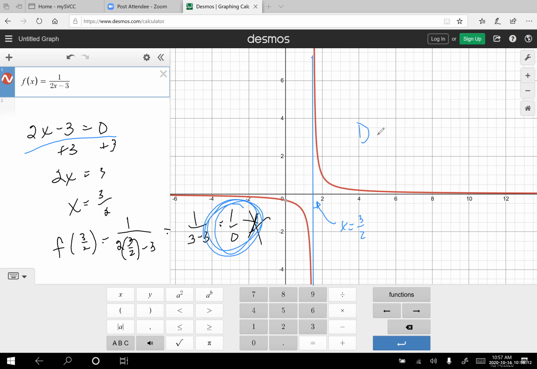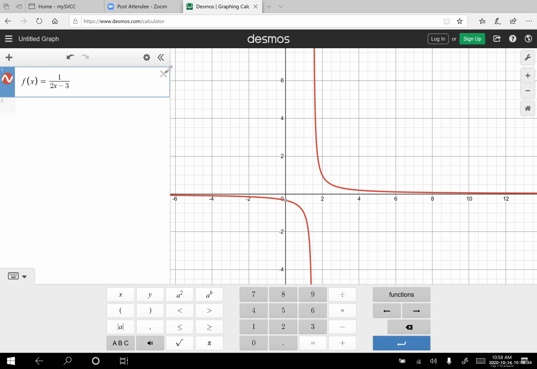So in this case, the domain, all real numbers except this time 1.5 or 3/2.